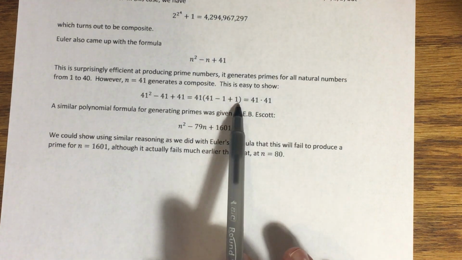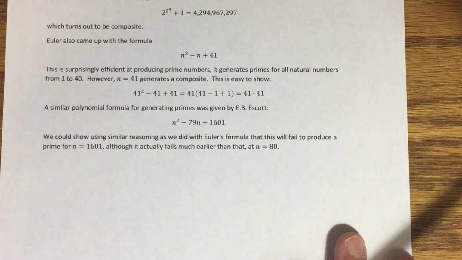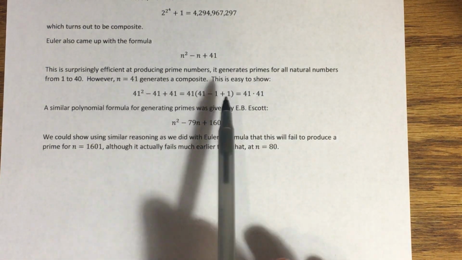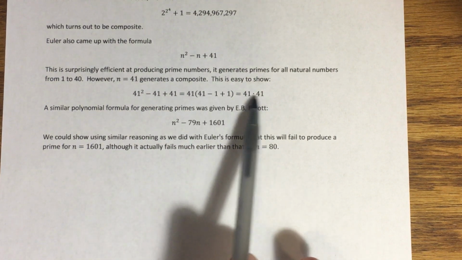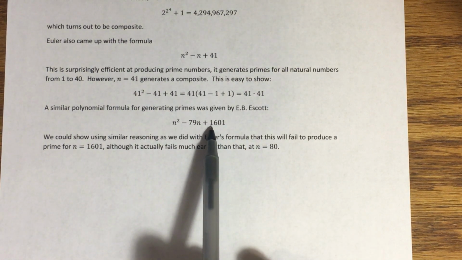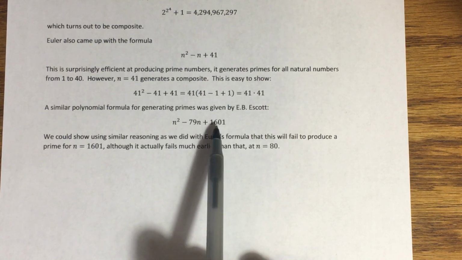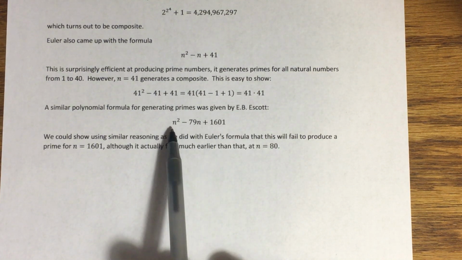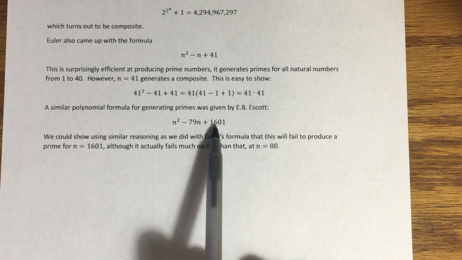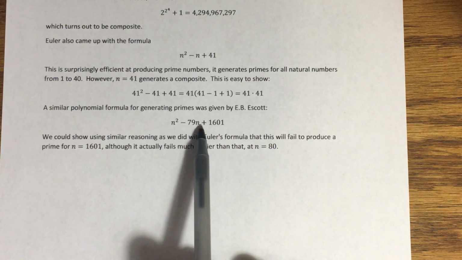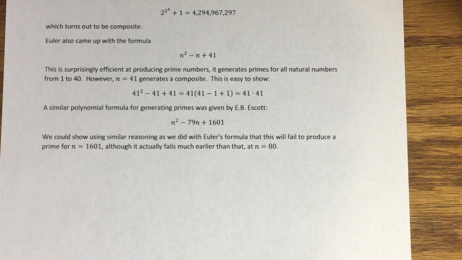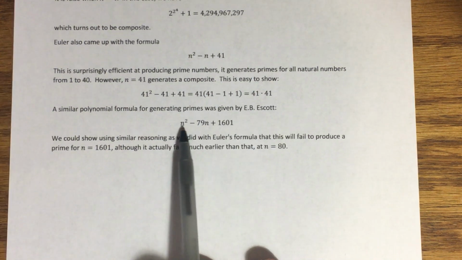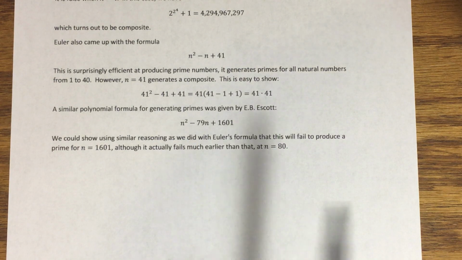Now, we could use the same thing that we did in Euler's attempt at a prime generating formula, and plug in the constant term, which was 41 there, and show that it leads to something like this. The constant term in this one's very large, 1601. It turns out that this fails to produce primes at a much smaller number than that. If you plug an 80 in, the result is going to be something that is not a prime number. We're not going to explicitly show that, but it can be verified without too much trouble.